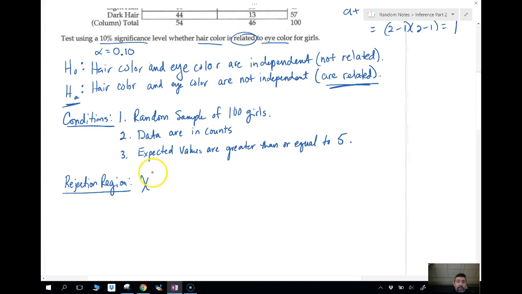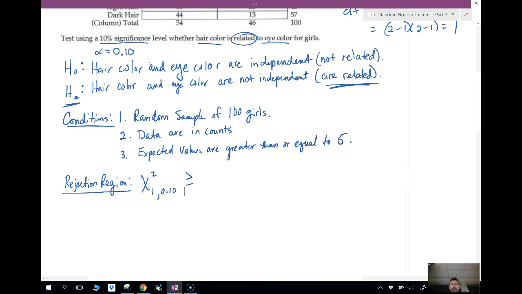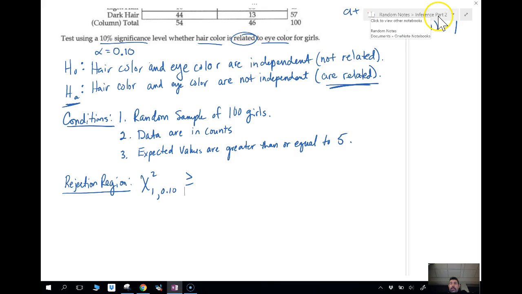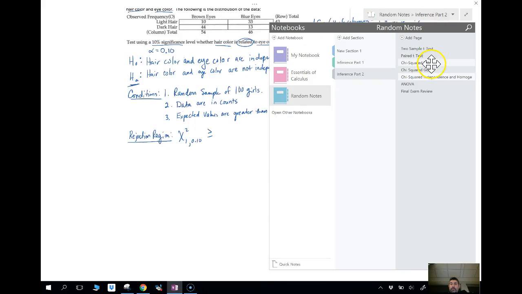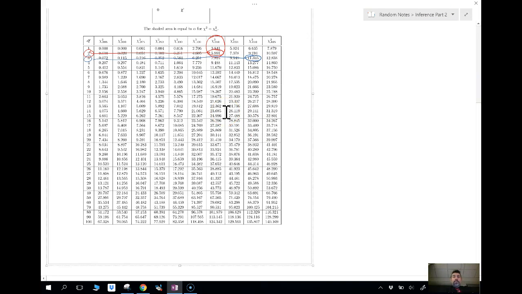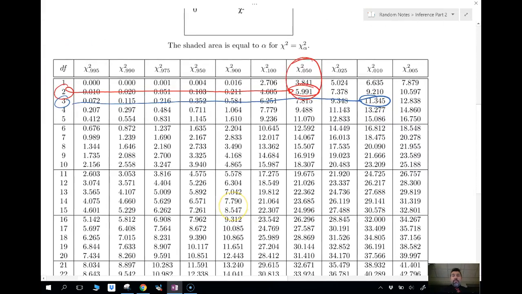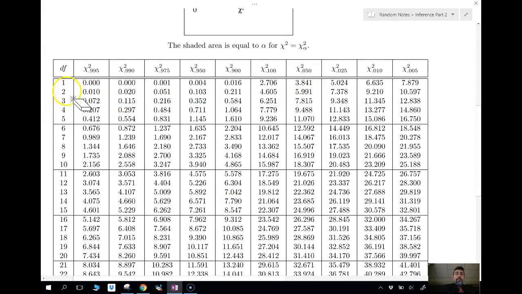So my rejection region, I have a chi-squared value with 1 degree of freedom at a 10% significance. Go ahead and look that up on your chi-squared table. 2.706. 2.706, perfect.